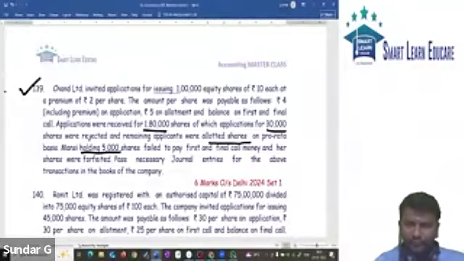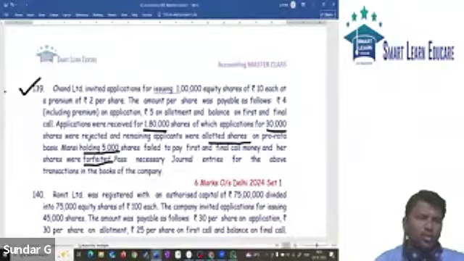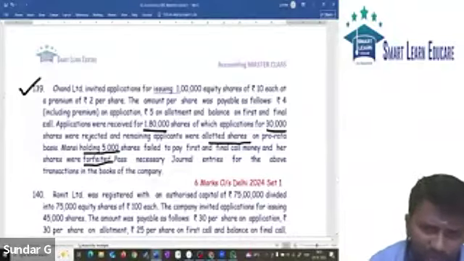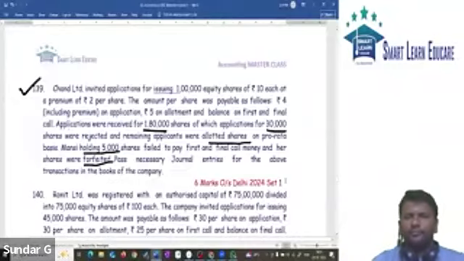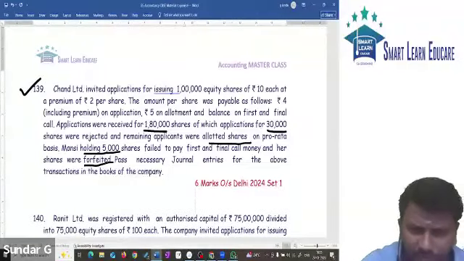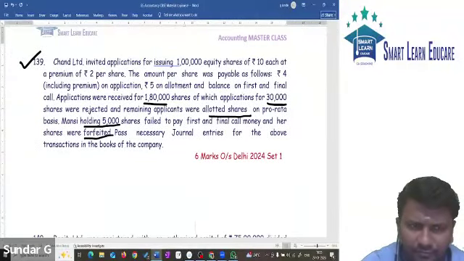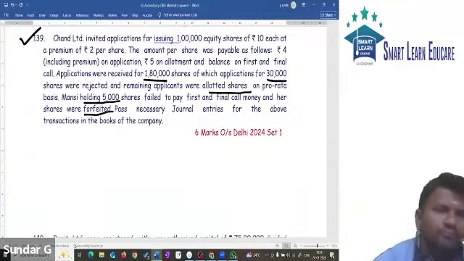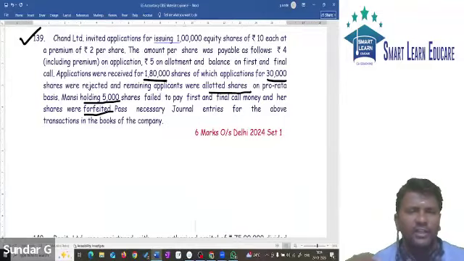Mansi, holding allotted 5,000 shares, failed to pay first call and final call and her shares were forfeited. Pass journal entries for the above transaction. That's all, you are going to complete it. It is a 6 mark question. I am giving you 6 minutes, a similar question, you can complete it quickly. Okay, 6 minutes, complete it fast.